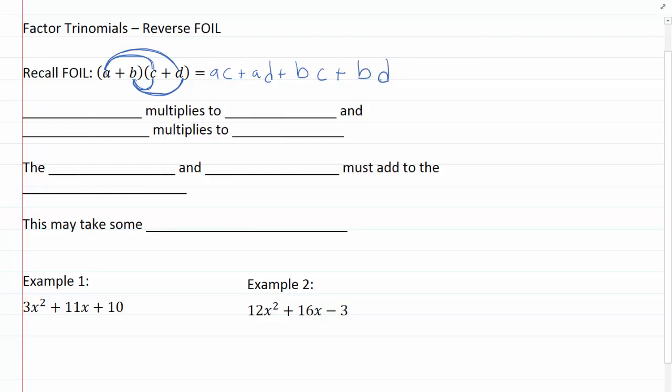So we can see that the first terms multiply to our first term, and our last terms multiply to our new last term.